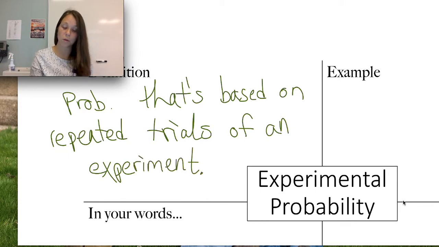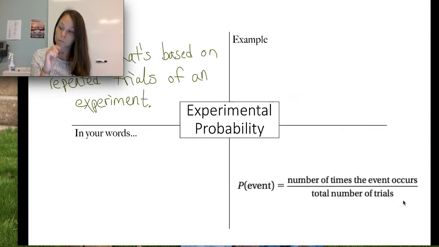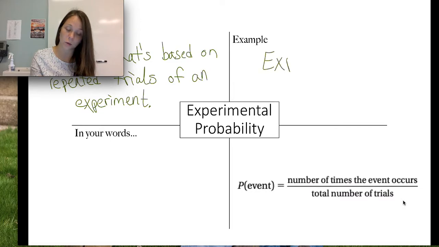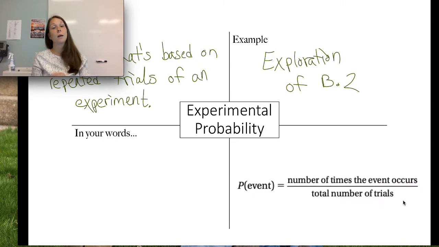So some examples of an experimental probability would be what we did in that beginning exploration, where we flipped a coin and saw how many times we got heads or tails, and then we tossed the Hershey Kiss in the air and counted how many times it landed on its flat bottom or on its side.